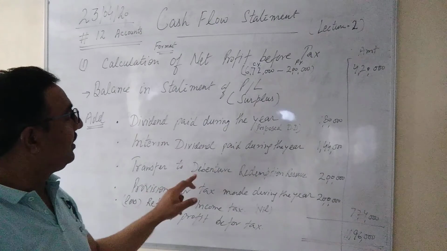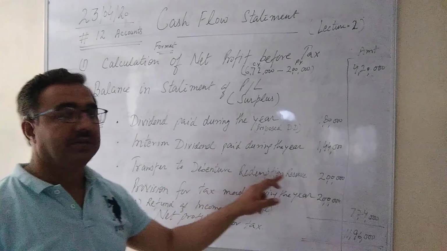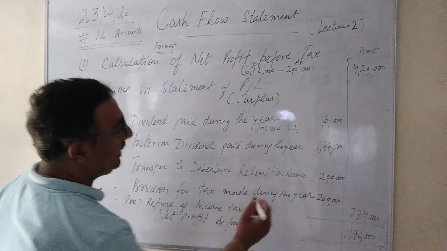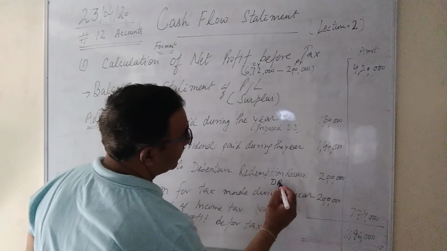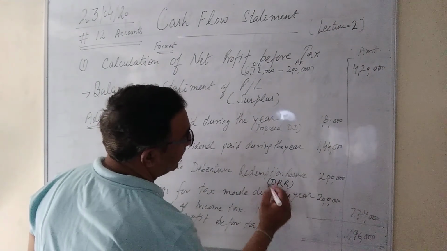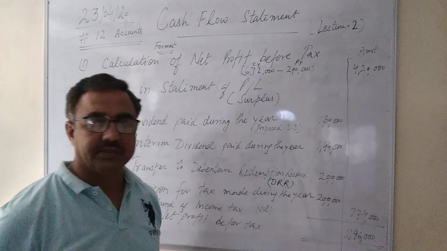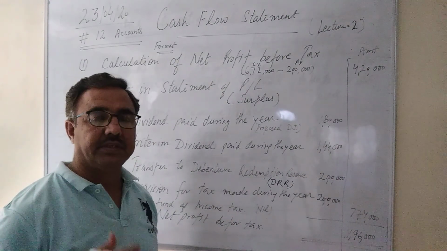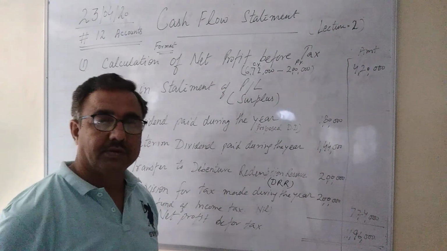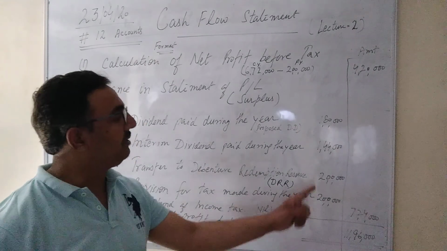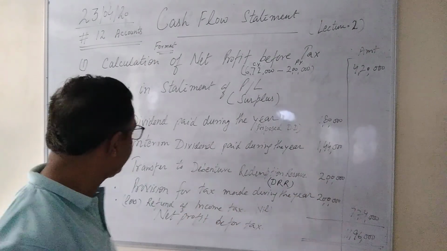Transfer to debenture redemption reserve. We can say it DRR. Debenture redemption reserve, any reserve, general reserve, debenture redemption reserve. So this amount is given, 2 lakh.